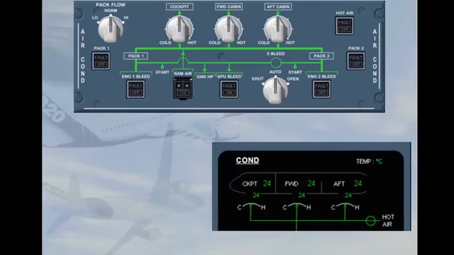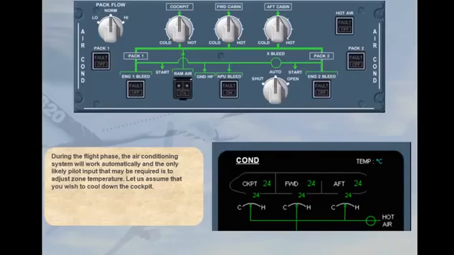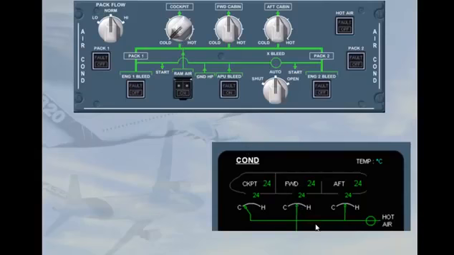During the flight phase, the air conditioning system will work automatically, and the only likely pilot input that may be required is to adjust zone temperature. Let us assume that you wish to cool down the cockpit. To demonstrate, please select the cockpit zone selector to cold. You have now demanded a cockpit zone temperature of 18 degrees.